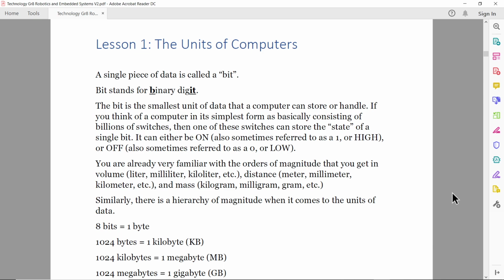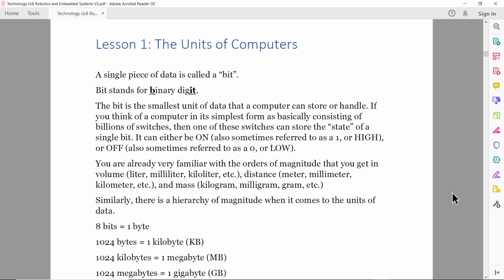For example, for volume, which you did before in primary school, the unit is the liter, and then you can get milliliters, kiloliters, megaliters. The unit of distance is the meter, and we get millimeters, kilometers. The unit of mass is the gram, and then we can get milligrams and kilograms.